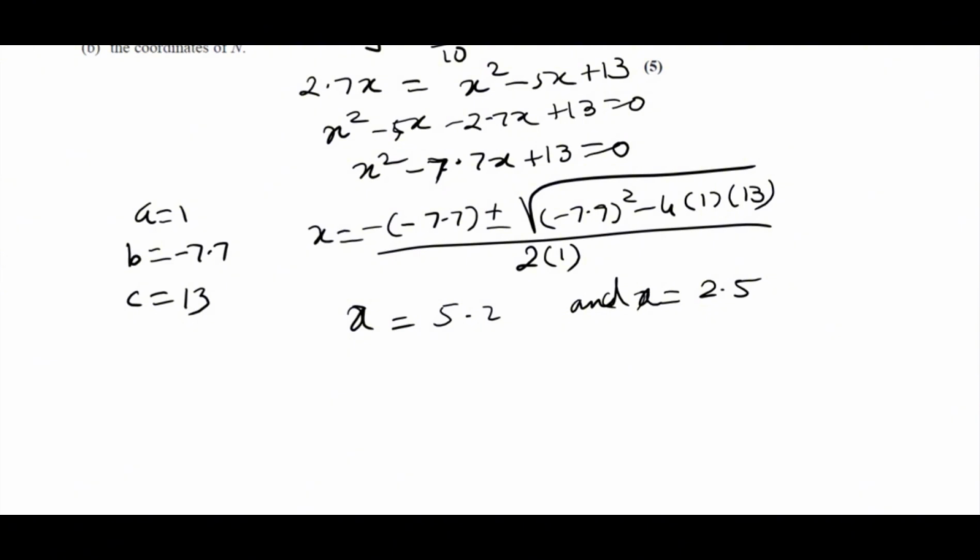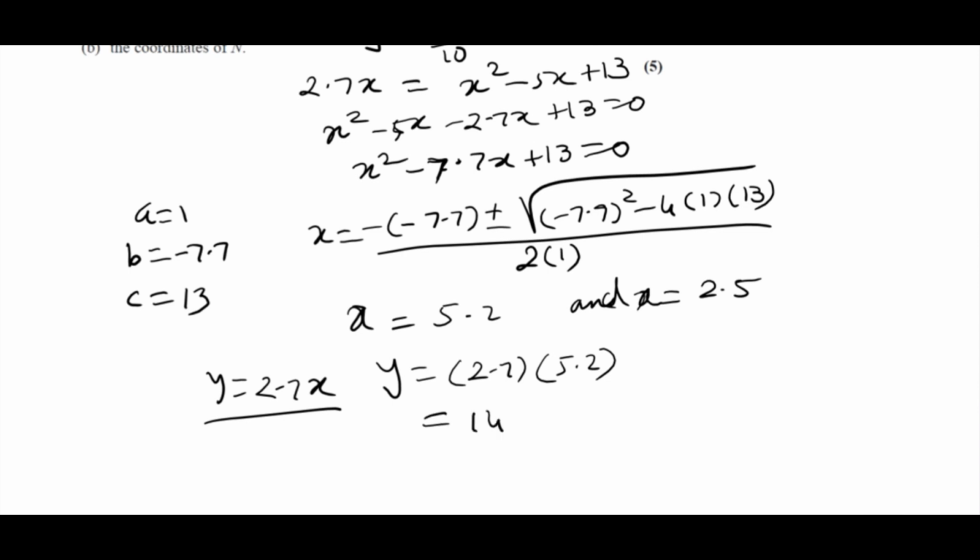So I can write down y is equal to 2.7 times 5.2, because y equals 2.7x is our equation. So I substitute it. That will give me 14.04.